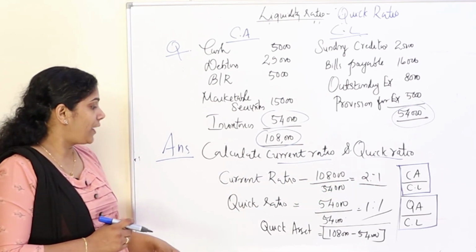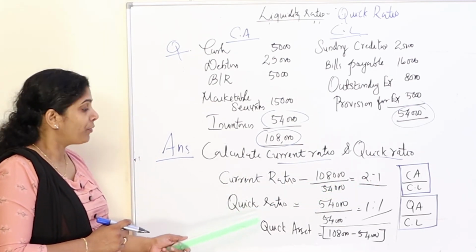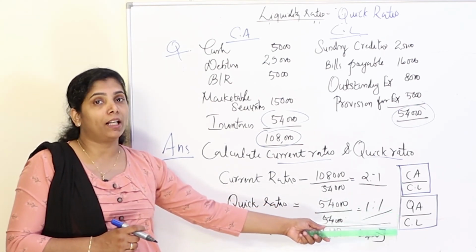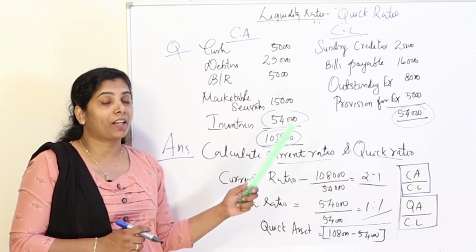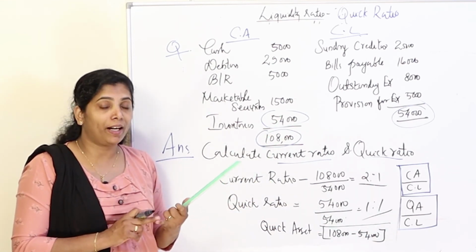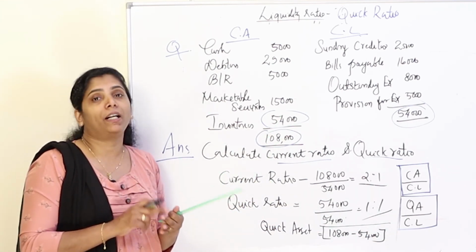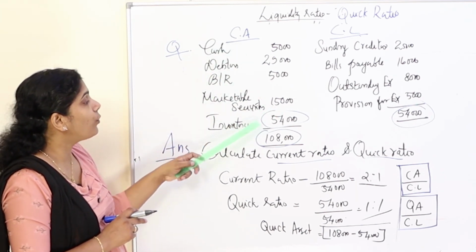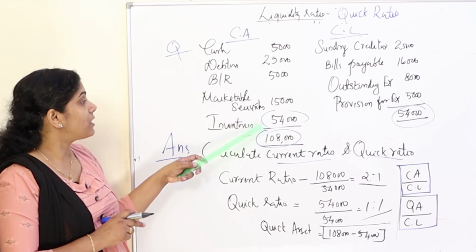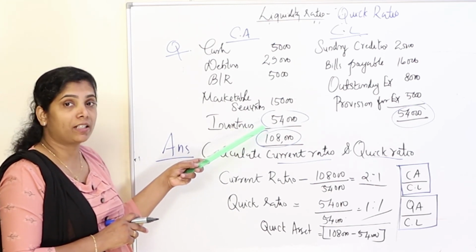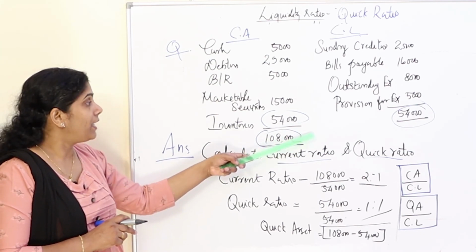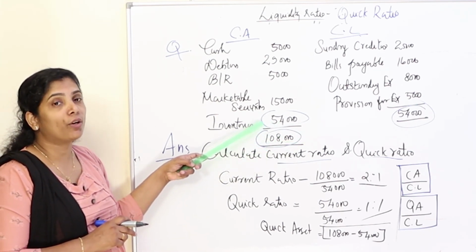Next ratio is quick ratio. Quick ratio equals quick asset divided by current liability. Quick asset means current asset minus inventory, prepaid expense and advance tax. In this question, current asset includes only inventories; there is no prepaid expense and no advance tax. So total current asset 1,08,000 minus inventories 54,000 gives 54,000, that will be your quick asset.